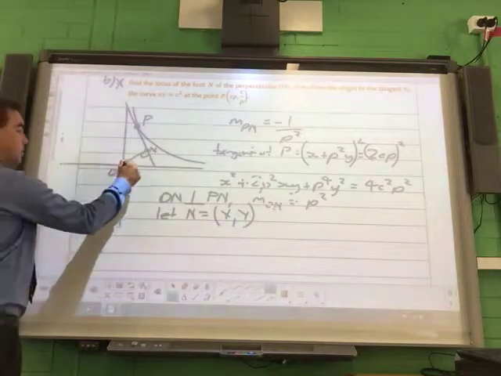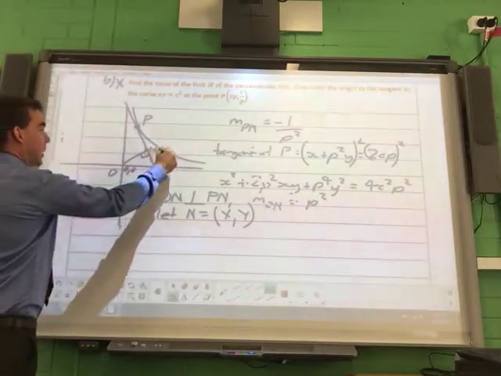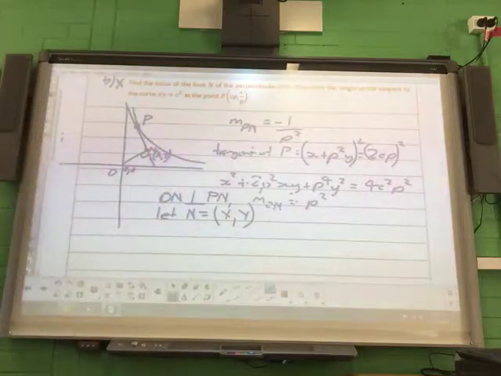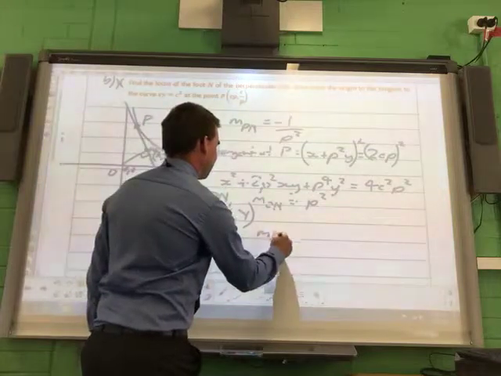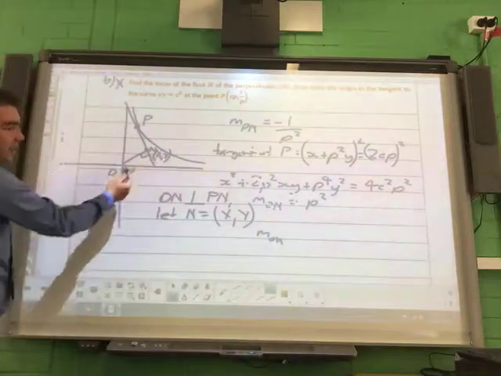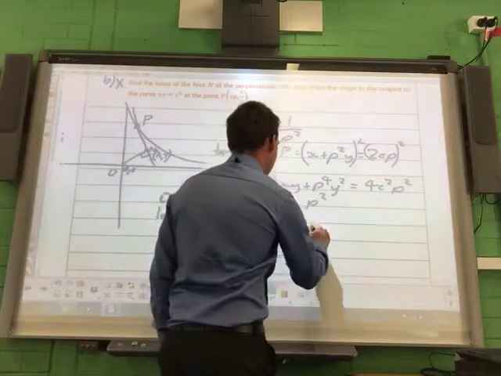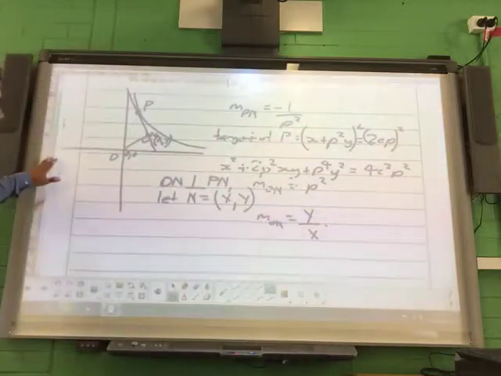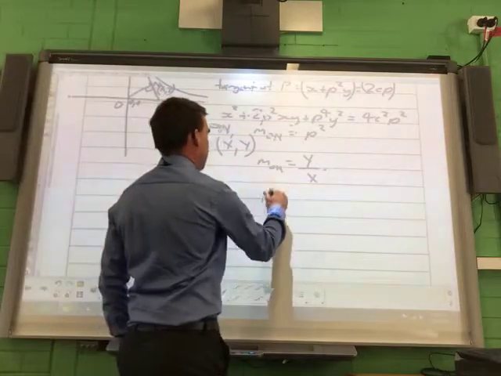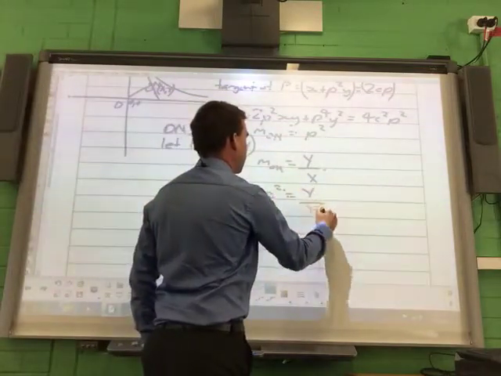So this is 0, 0, and this is capital X, capital Y. What's the gradient? Y over X. It's Y take away 0 over X take away 0. Okay? It's capital Y over capital X. And that means my p squared equals capital Y over capital X.